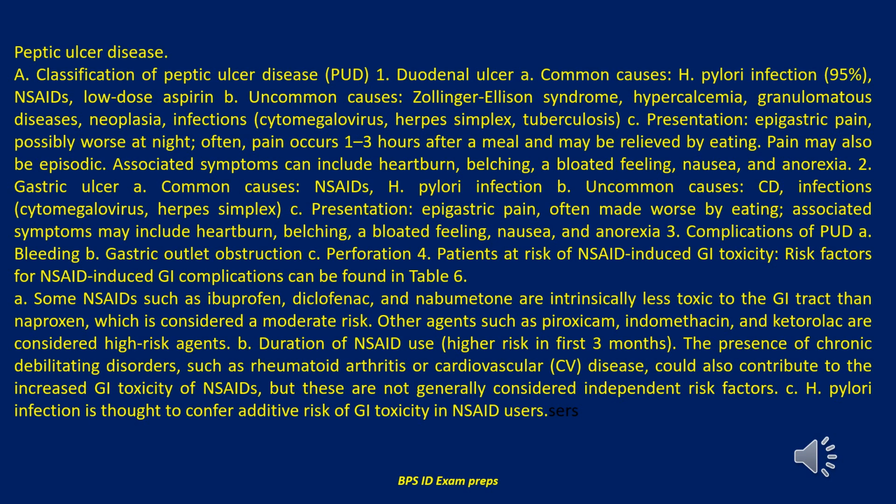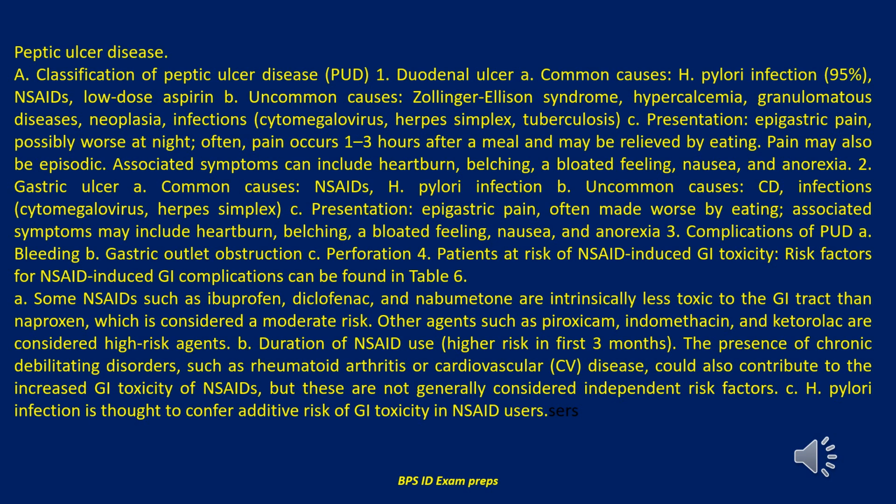Some NSAIDs such as ibuprofen, diclofenac, and nabumetone are intrinsically less toxic to the GI tract than naproxen, which is considered a moderate risk. Other agents such as piroxicam, indomethacin, and ketorolac are considered high-risk agents. B. Duration of NSAID use, higher risk in the first 3 months.